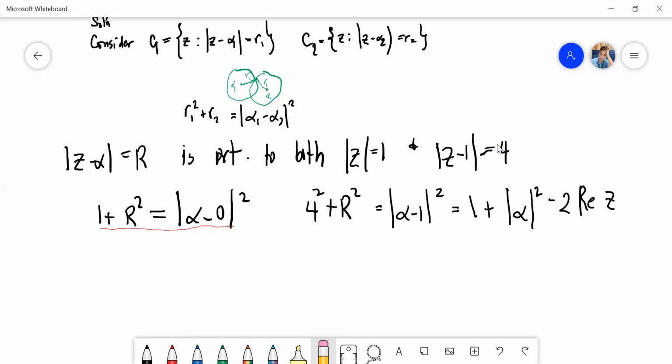The same thing happened to this one here. I use this equation, I simplify using this equation here, and I arrive at this equation. Okay. Now observe that this equation would imply that my R is equal to the square root of modulo of alpha squared minus 1.